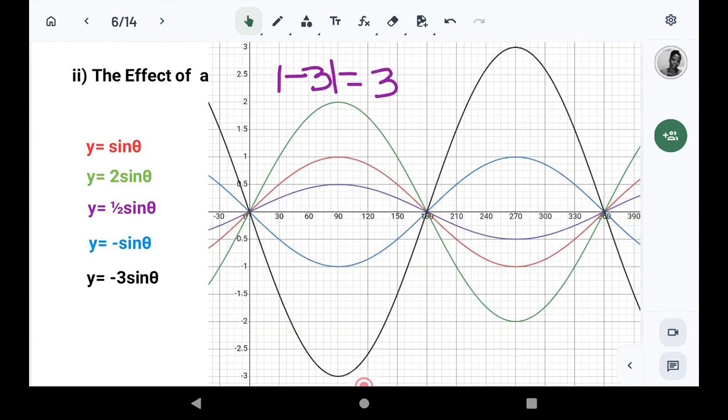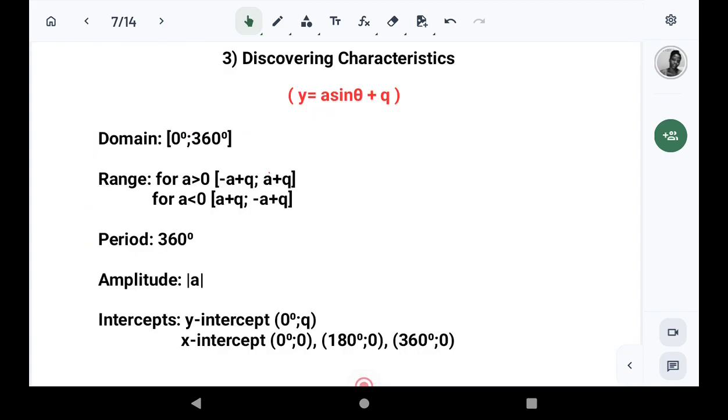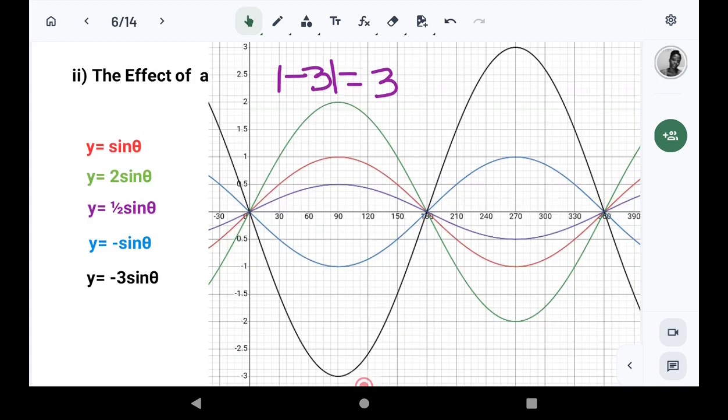Remember, q affects the y-intercept. And then the x-intercepts will simply be at 0 degrees, 180 degrees, and 360 degrees. That's where your graph for this grade 10 always cuts the x-axis, or the theta axis.